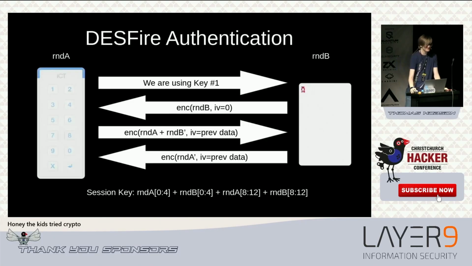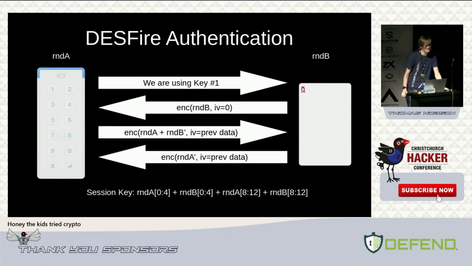Okay, now we're going to look at the DESFire authentication from before. Basically how this works is when we present our card to the reader, it's going to request to authenticate with key number 1. Then the card's going to respond by generating a random number, then encrypting it with encryption key number 1.